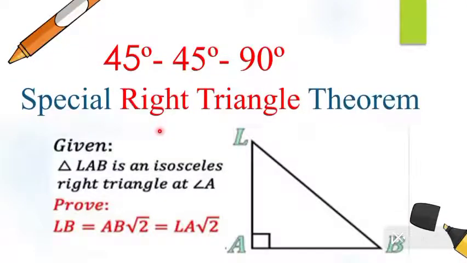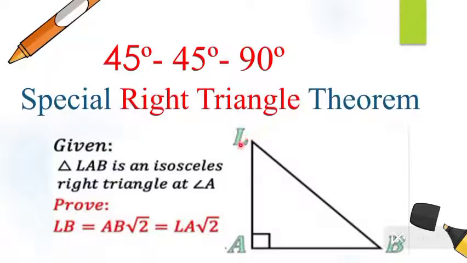In this video, I am going to discuss the proof of the special right triangle theorem, specifically the 45-45-90 triangle theorem, also called the isosceles right triangle theorem.